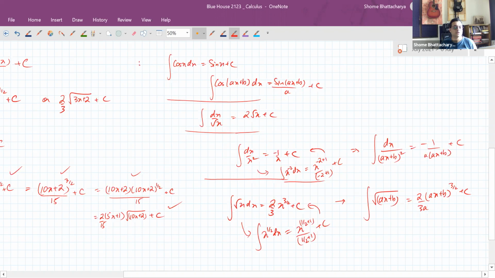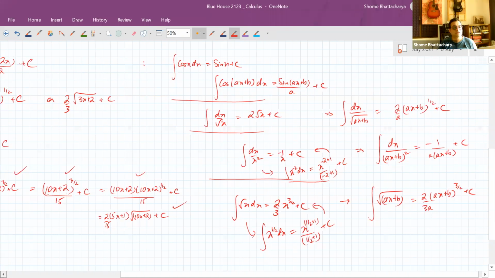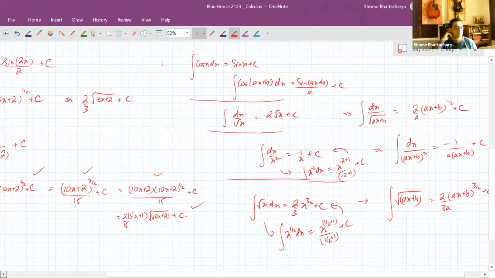Similarly, this one. Okay. So these all integrations are direct applications of this.